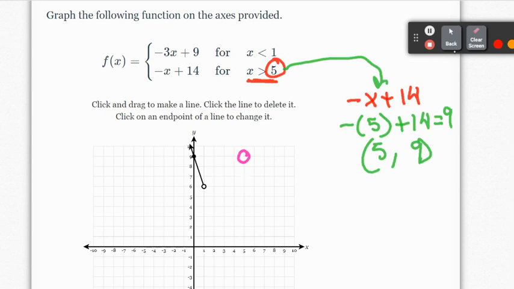And then I use my slope of negative 1 to go down 1, right 1. And notice how the trend is in the same direction as the previous line, so that I'm going down from left to right. You can do it twice if you like, or once, it doesn't matter. Click that end arrow to get the arrow. And then this should be an open dot to begin with. And we have the piecewise defined function graphed.